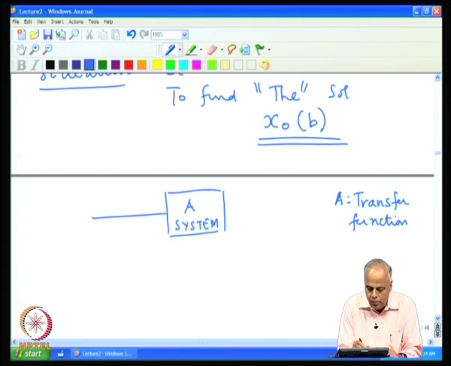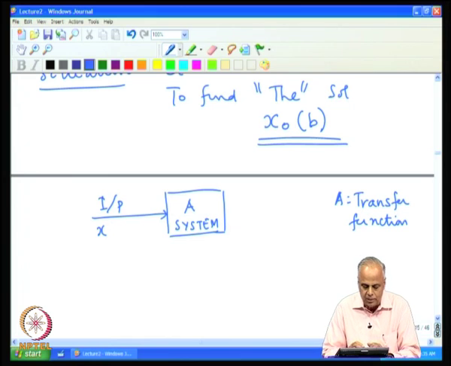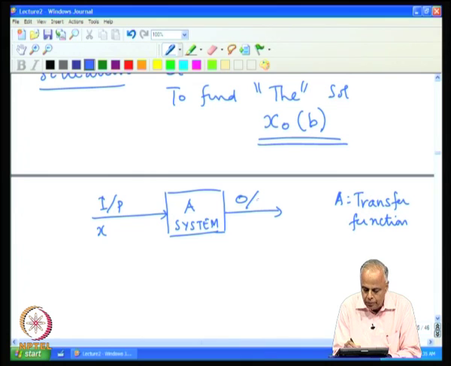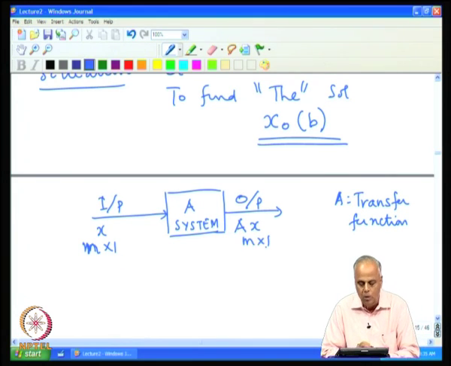What does it do? When we have an input x, which is an n by 1 vector. So, the permissible inputs for the system are all n by 1 matrices. When we input an n by 1 matrix, the output is going to be Ax, which is m by 1.